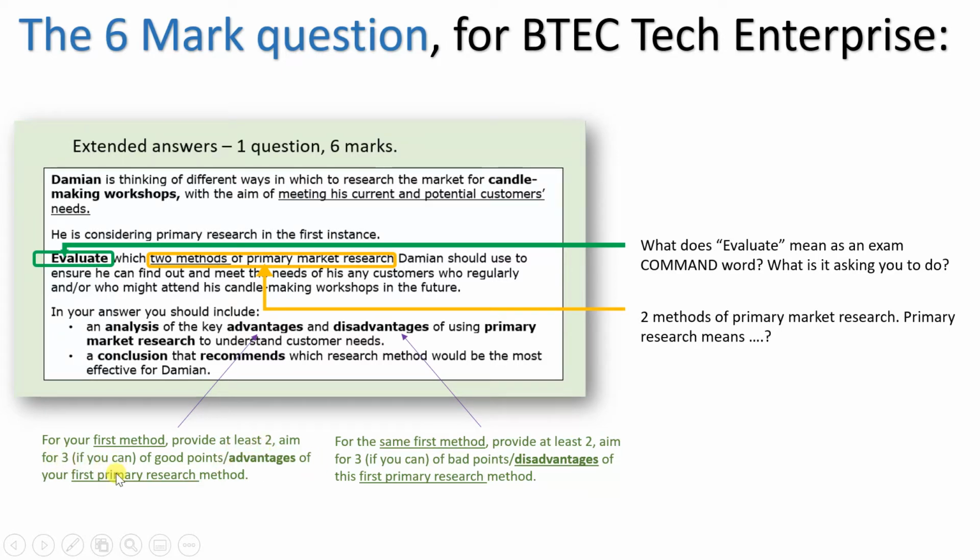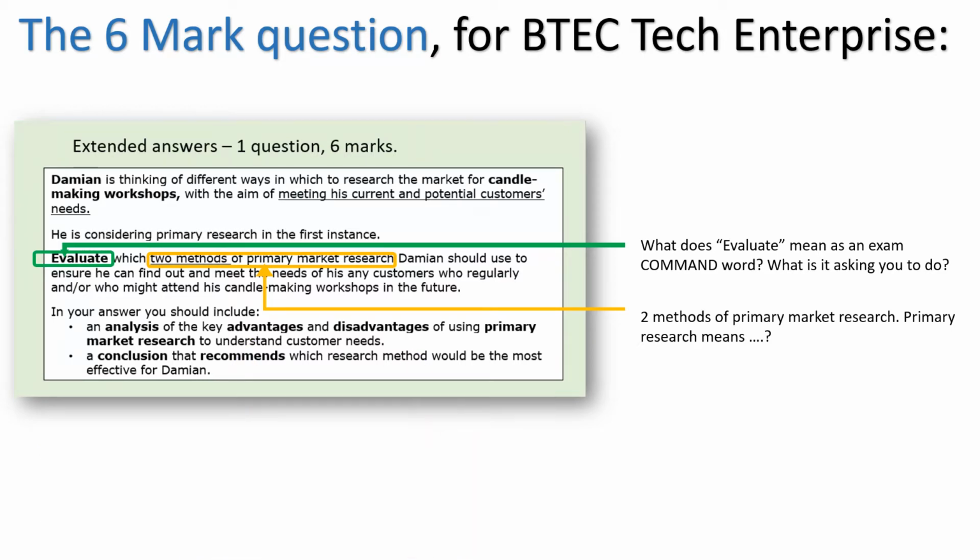Right, let's hope you've got to grips with stating what the market research method is and then evaluating why it's a good method for Damien. Remember, it's not just about stating what it is. We've got to make sure we think of it in terms of this candle making workshop. First method done.